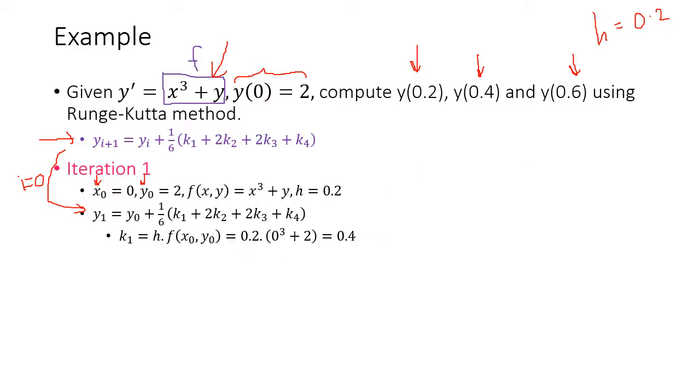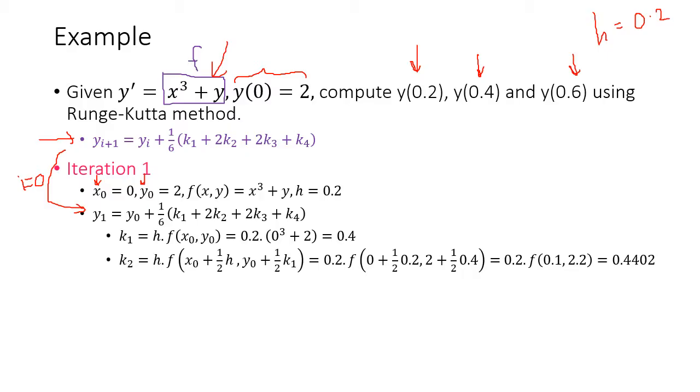Then k2 similarly is the formula, and then we substitute values here of x0, y0 and h, and k1. You can see that the value of k2 is dependent upon k1. So we substitute the value of k1 here as 0.4, and then finally we evaluate the function at x equals 0.1 and y equals 2.2.